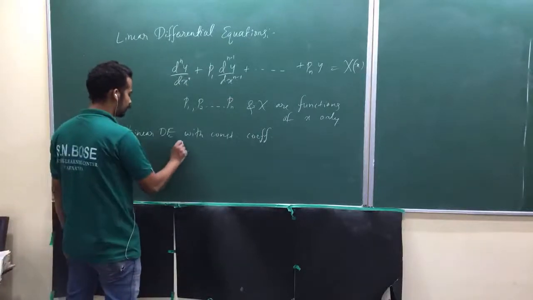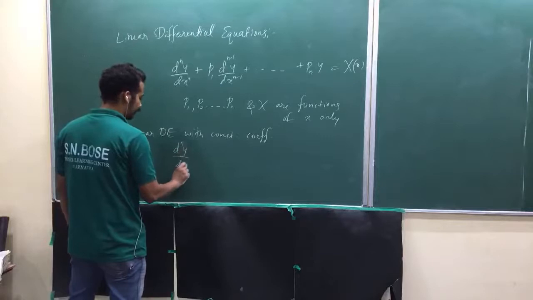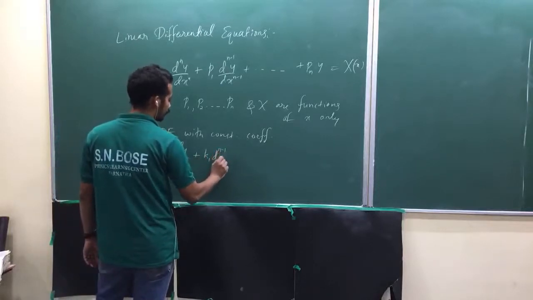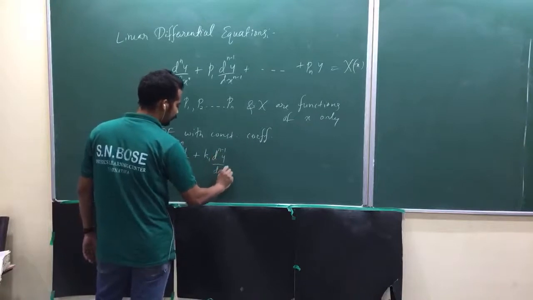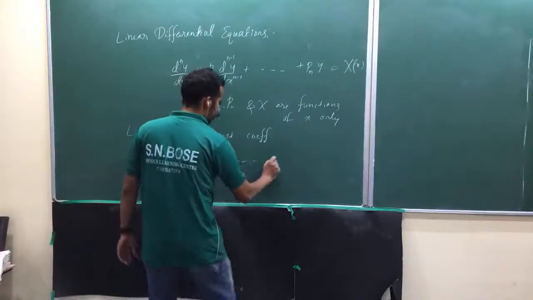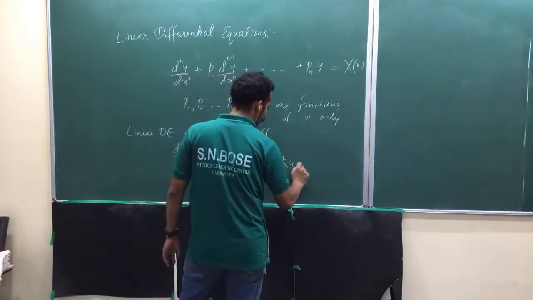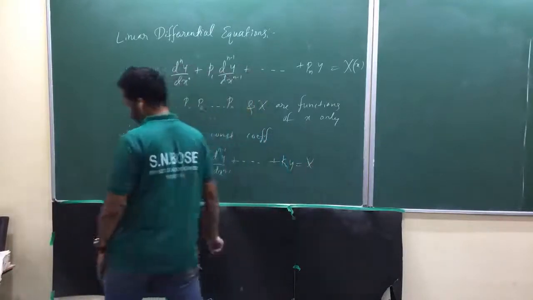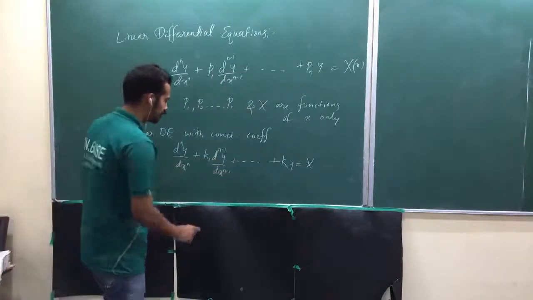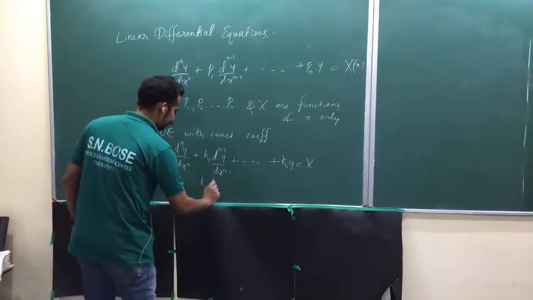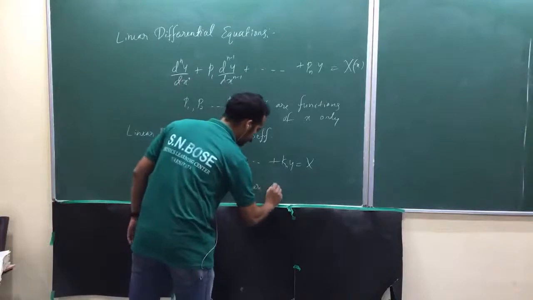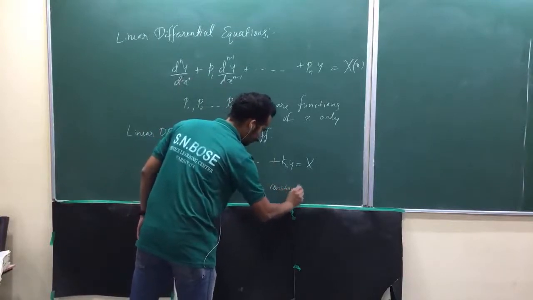Then let me write it like this: d^n y by dx^n plus k1 into d^(n-1) y by dx^(n-1) plus and so on, plus kn into y is equal to some function of x, where k1, k2 and so on up to kn are constants.